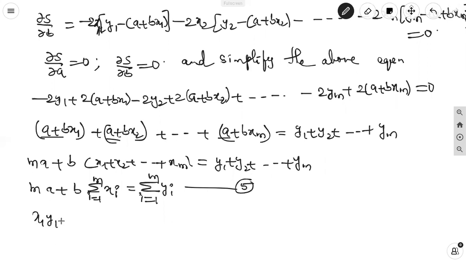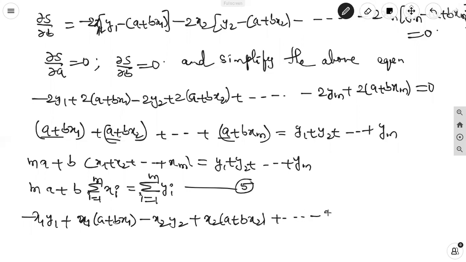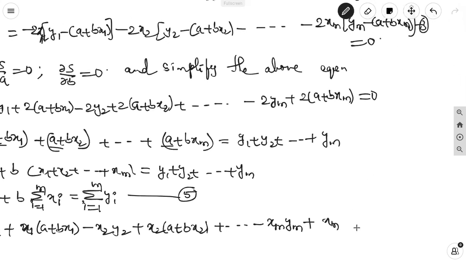So x1 y1 minus into minus plus x1 into a plus bx1, minus x2 y2 minus into minus plus x2 into a plus bx2, plus so on, minus xm ym minus into minus plus xm into a plus bxm is equal to 0.